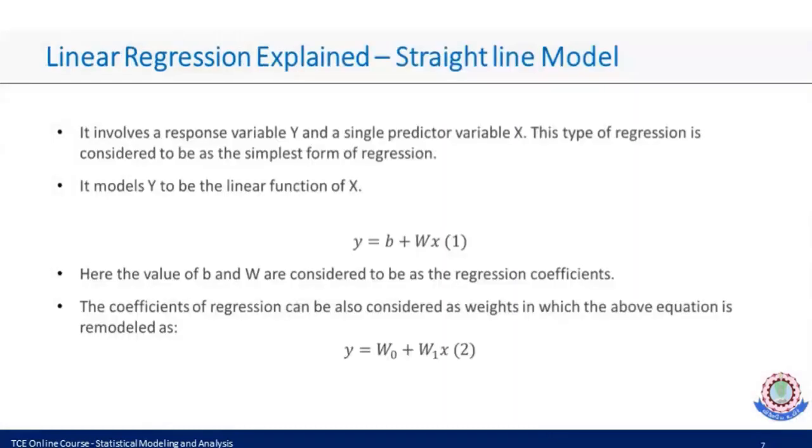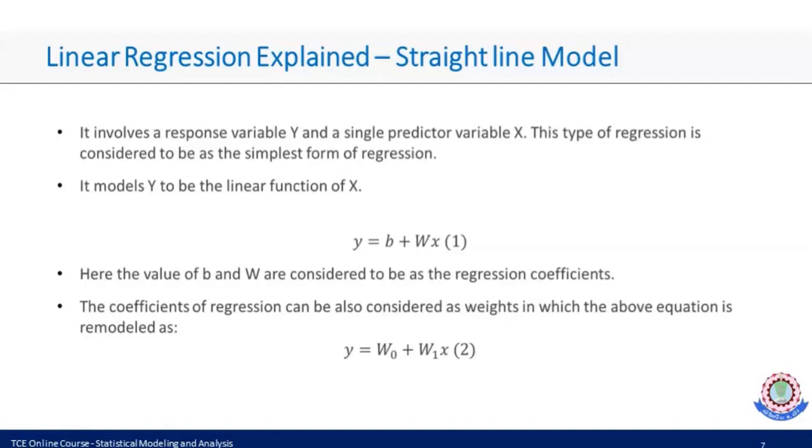So let's have a complete explanation and discussion with an illustrative example for the algorithmic technique of linear regression. This is one of the simplest regressions, which evaluates the straight line fitting model with the involvement of a response variable y and a single predictor variable x.